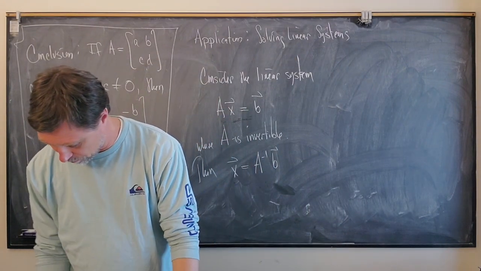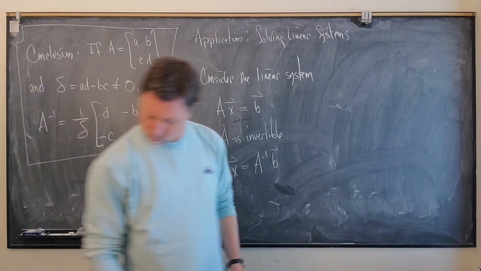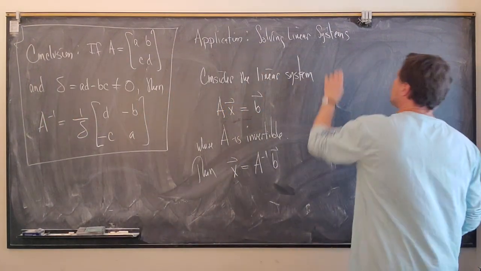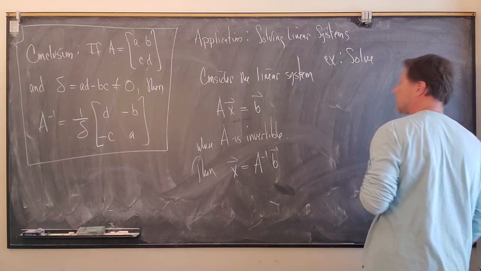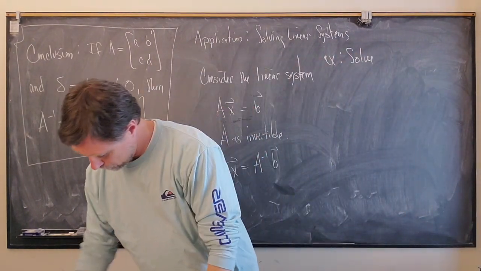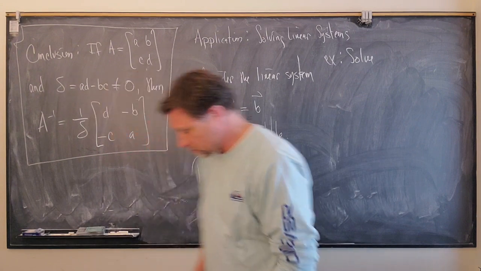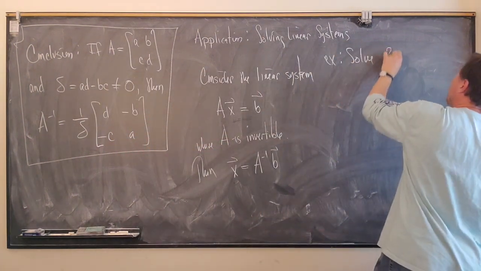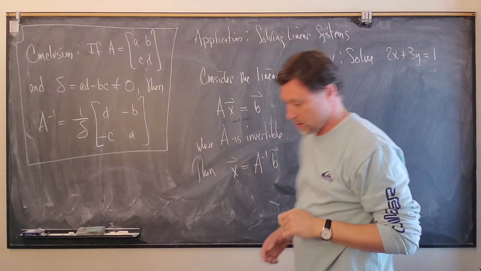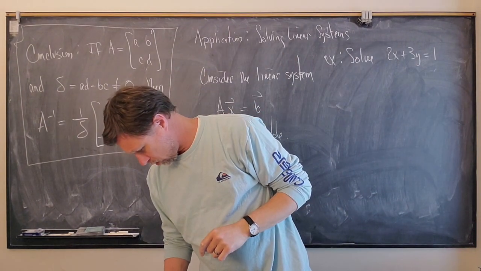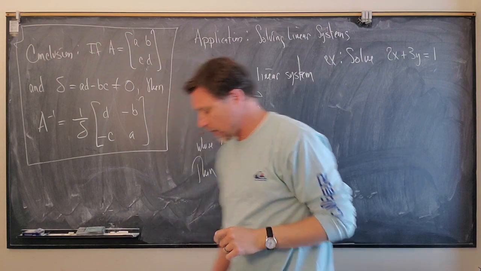So let's look at an example here. As an example, I want to solve the system 2x plus 3y equals 1, x plus y equals 2.